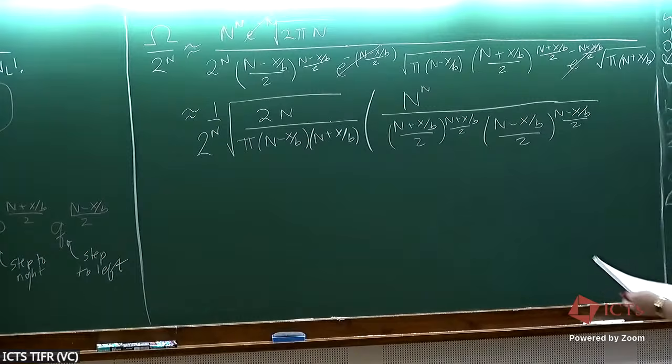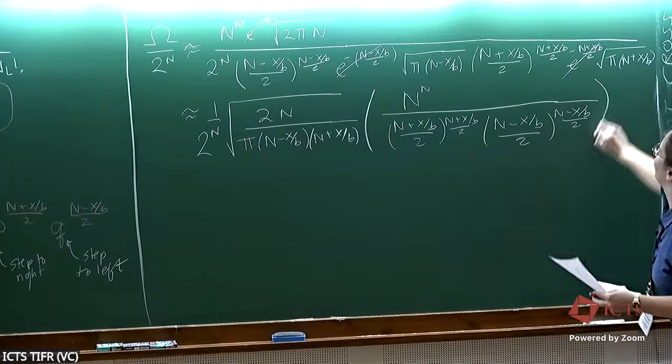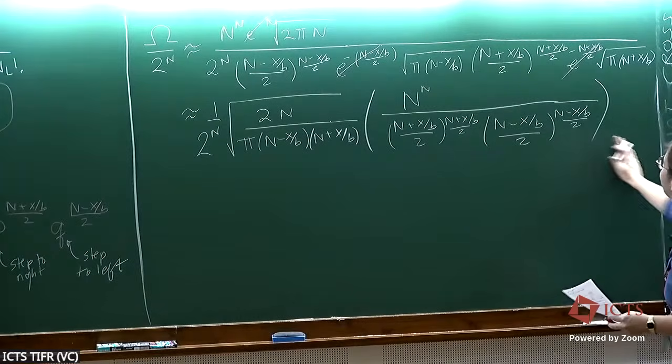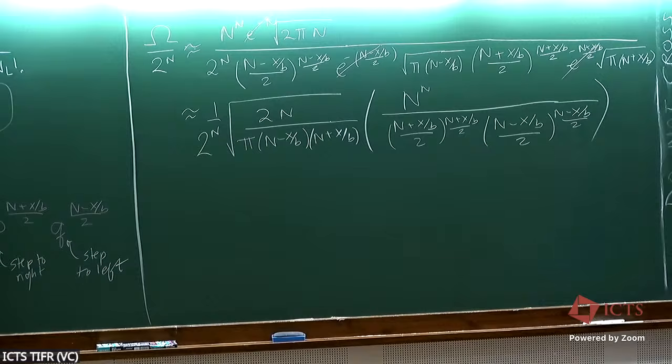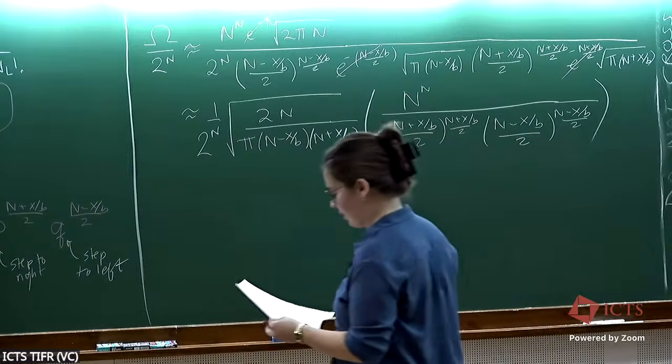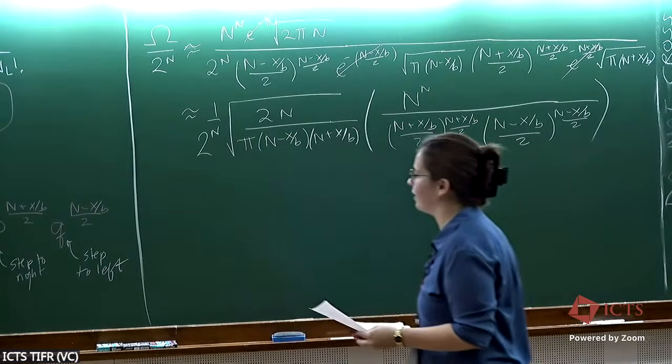Oh, how will this possibly turn into an incredibly simple form? We will see. So all I've done so far here is assume that n is very large. There is another approximation that I'm going to be able to make.